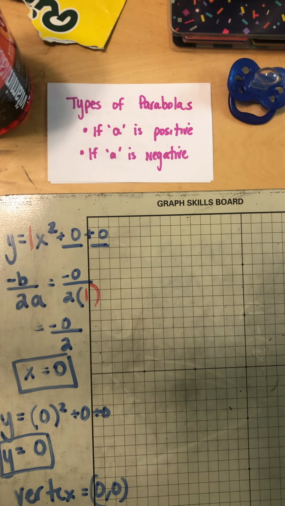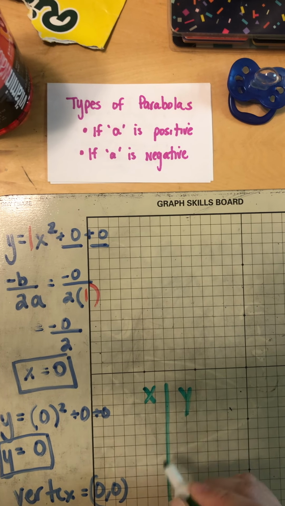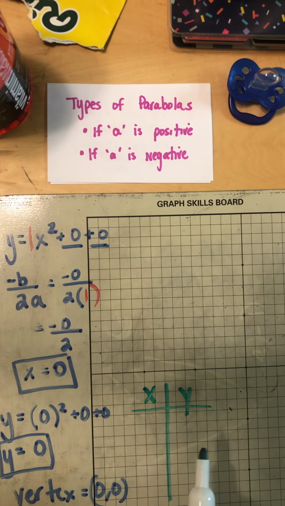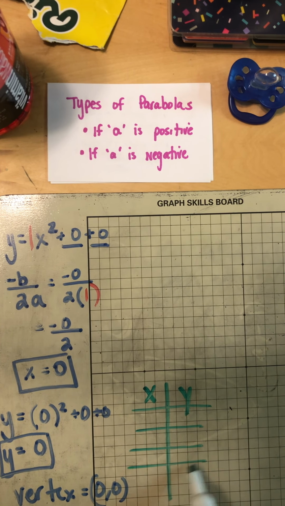Now you have to make a table, and that's exactly what we're going to do. In here you have your x, y, and you guys have 1, 2, 3, 4, 5. So you're going to plug 0, 0 right in the middle.